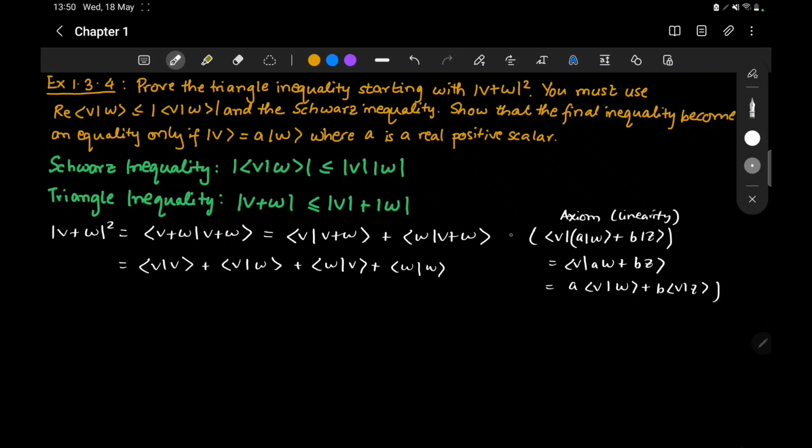So using this axiom, we have expanded this inner product over here in this step. So let us proceed. This first term out here is nothing but mod of v squared. Then we have inner product of v and w. And this last term is again mod of w squared.